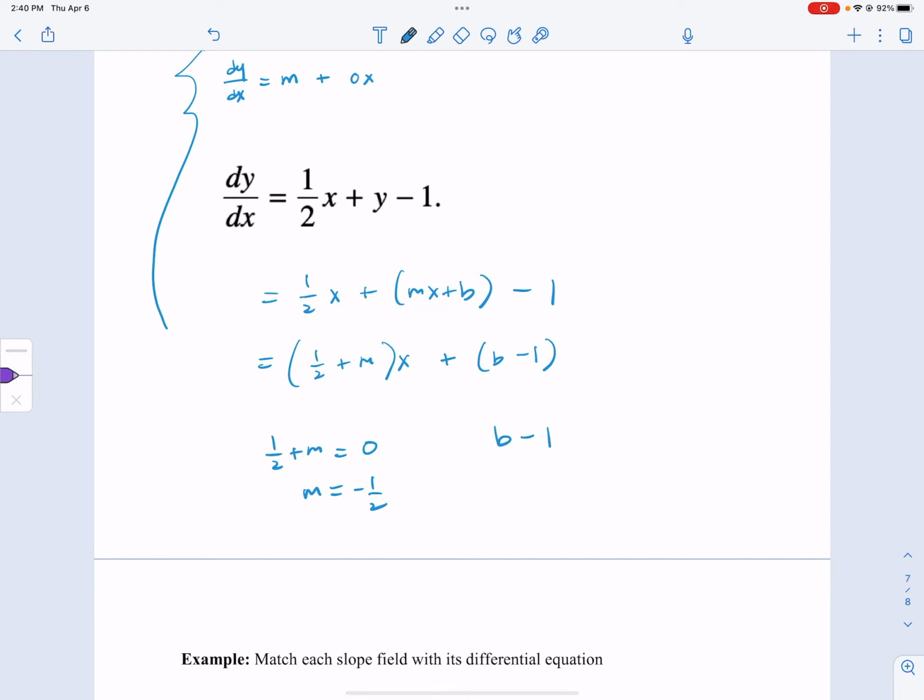And then b minus 1 is equal to m, which if we know that m is equal to negative 1/2, that means that b is equal to positive 1/2. And those are the answers. So m is equal to negative 1/2, and b is equal to positive 1/2.